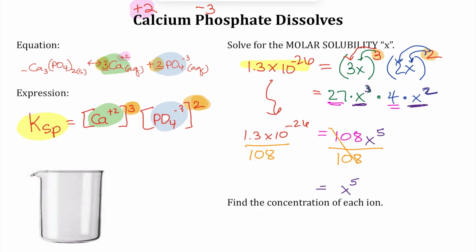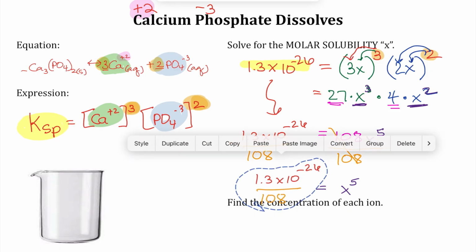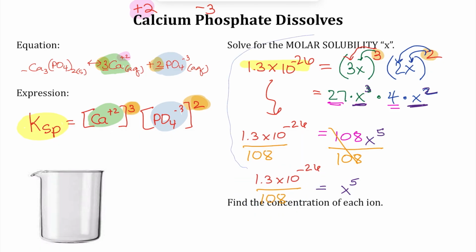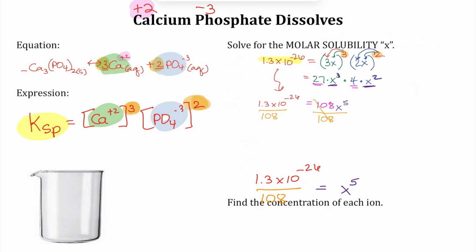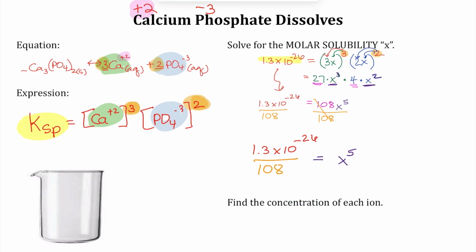That x to the 5th is going to equal that 1.3 times 10 to the -26. And so how do we get x by itself? Well, we are going to need to take the 5th root. So because that's an x to the 5th, we're taking the 5th root of both sides.